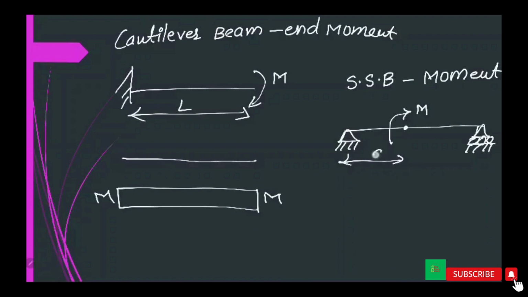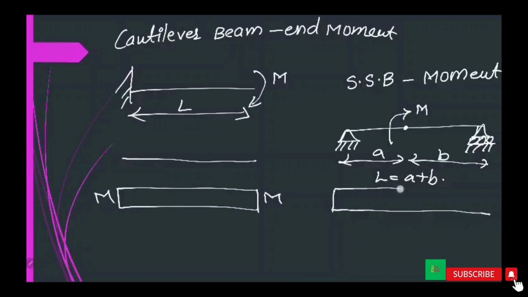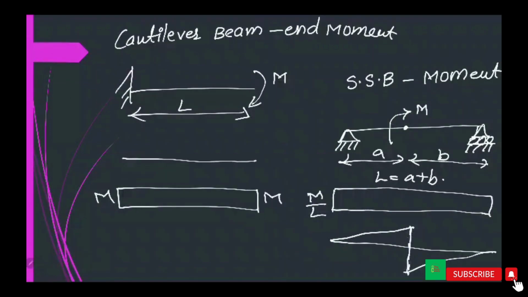This is A length, this is B length. L means A plus B. Shear force diagram is this, M divided by L. Bending moment diagram is this, MA divided by L and MB divided by L.